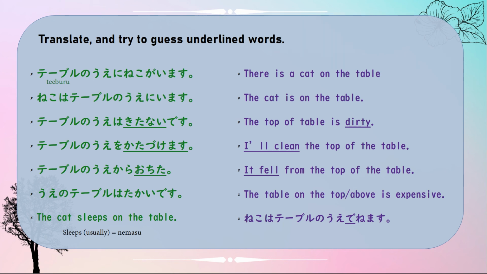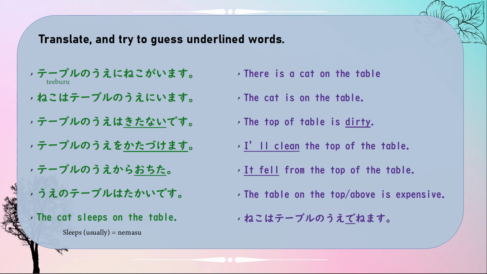Then teiburu no ue o katazukemasu. It's an object. So when you translate in English, if you start with the top of the table, it's over. You're done. You won't be able to translate the sentence, and you should not do this because the object in English is always after the verb, never before.